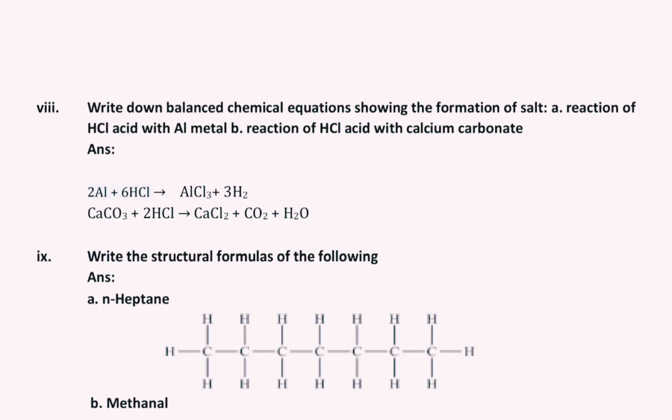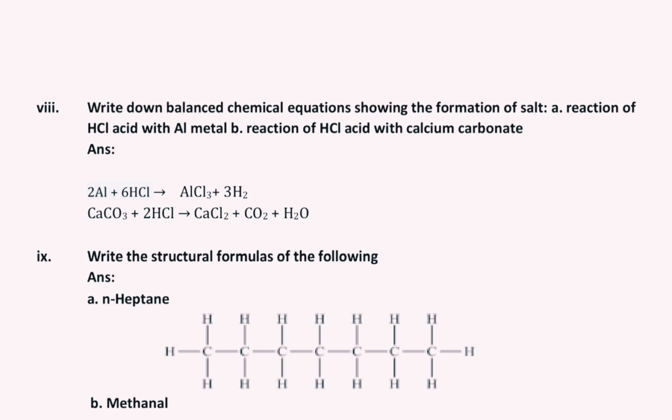So 2 hydrogen molecules, H2 is produced, and so you can balance it out like this. 3 chlorine, so we can put 3 here, and then obviously aluminium becomes 2. You can clearly see that this isn't the balanced one. You have to put 3 with... yes, exactly. 2 aluminium react with 6 hydrochloric acid, and here we have 2 aluminium chloride molecules and 3 hydrogen, right? So this is how it works.